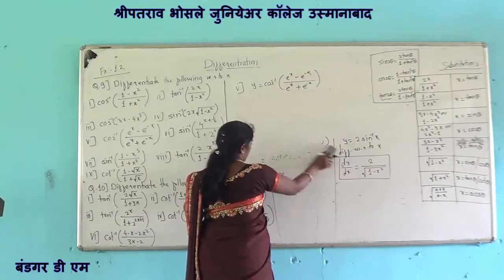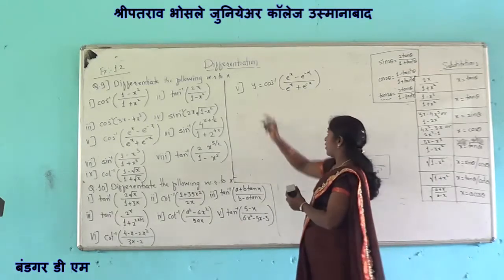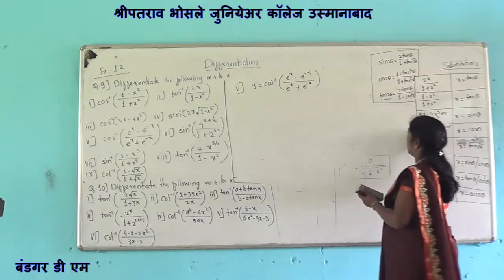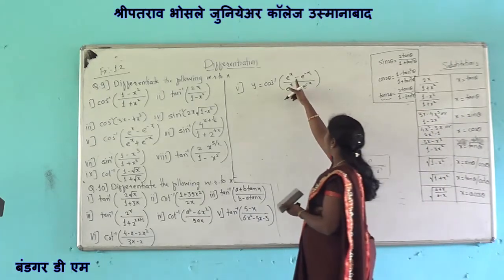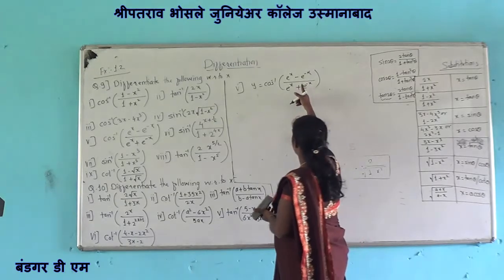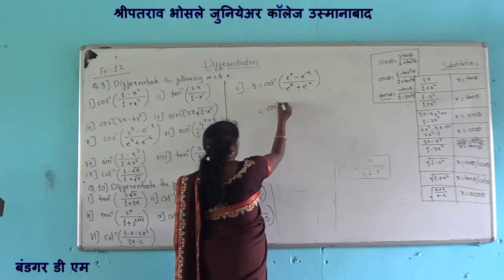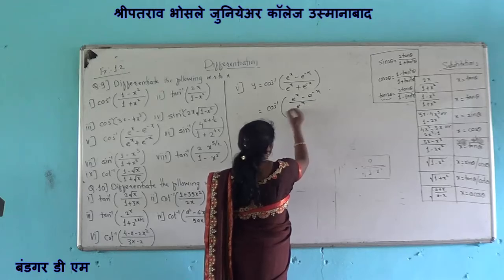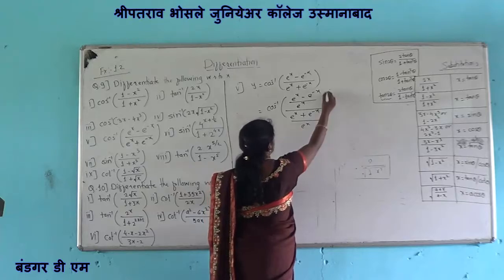Now we have to simplify first for y. We can simplify for a better result to substitute x. So we will divide the numerator and denominator by e raised to x. So cos inverse of e raised to x minus e raised to minus x upon e raised to x, divided by e raised to x plus e raised to minus x upon e raised to x.